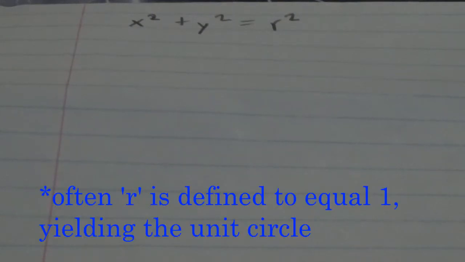A circle is a set of points whose x and y values satisfy this equation for some value of r, which is just the radius. It can be some constant.